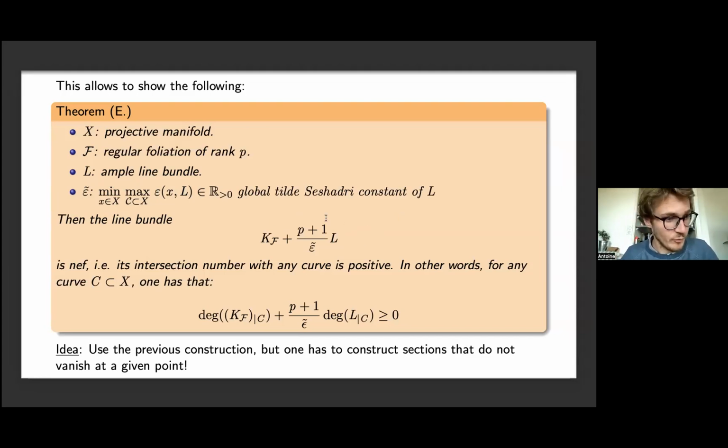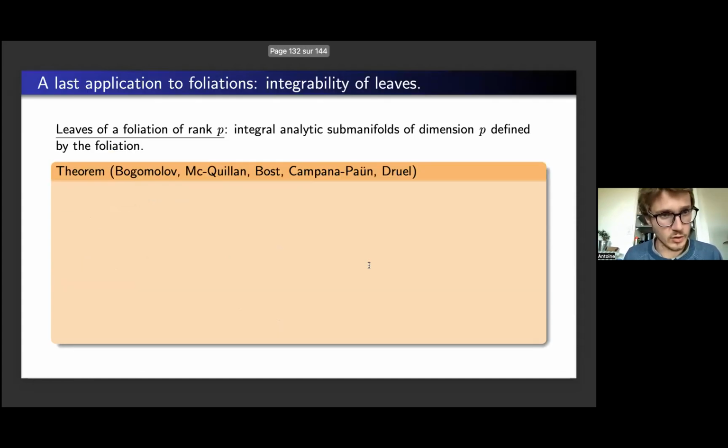So with the Wronskian method, we can construct sections and have some control of them, and it allows us to show some global statements such as these ones, that we can have the nefness of such canonical bundles with an additional positive line bundle. So this is for the first application to foliation theory.